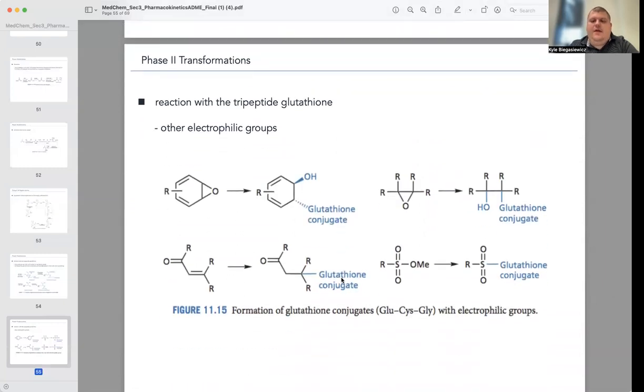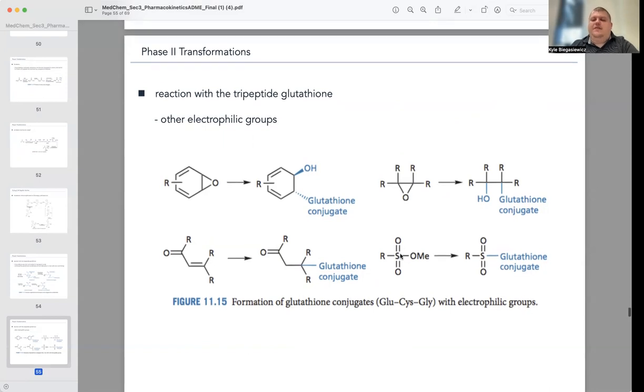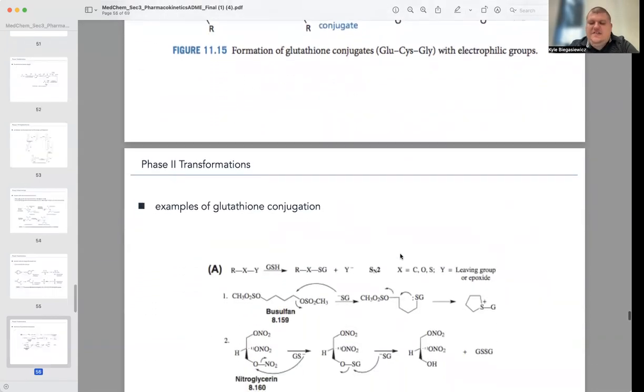55. So glutathione can react with all those things that we generate in phase one. Those epoxides can react with these alpha beta unsaturated ketones to give you the conjugate addition product. And you likely won't see the sulfur variant. I think that's a little hard to predict for you at the moment.